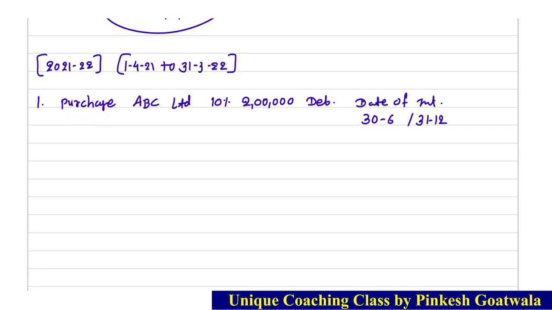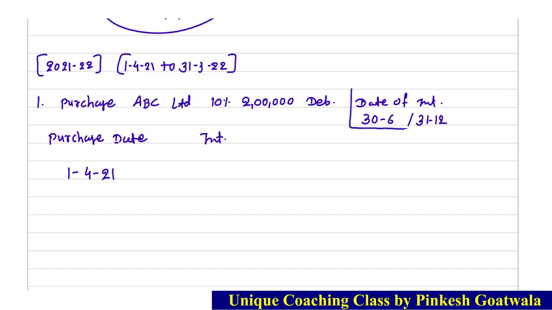Here let's solve this way. Suppose purchase date is 1st April 21. Now tell me how much interest he will get. What is the date of interest?